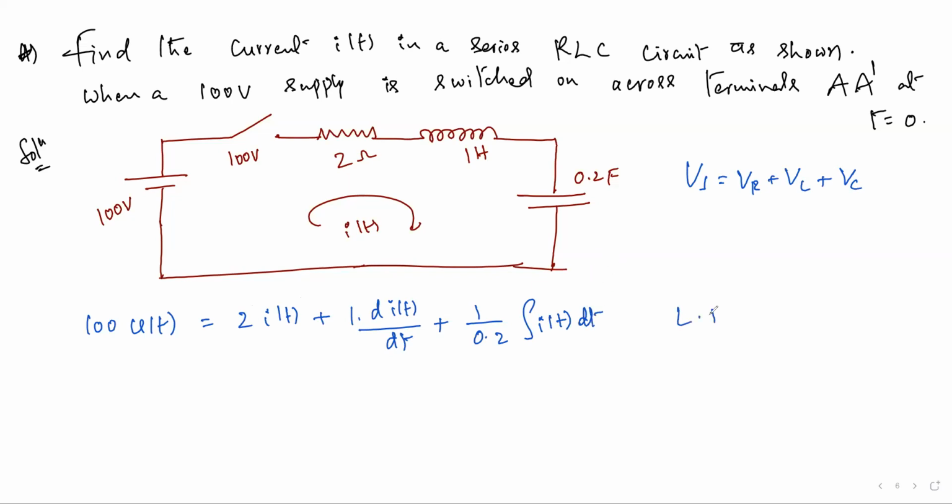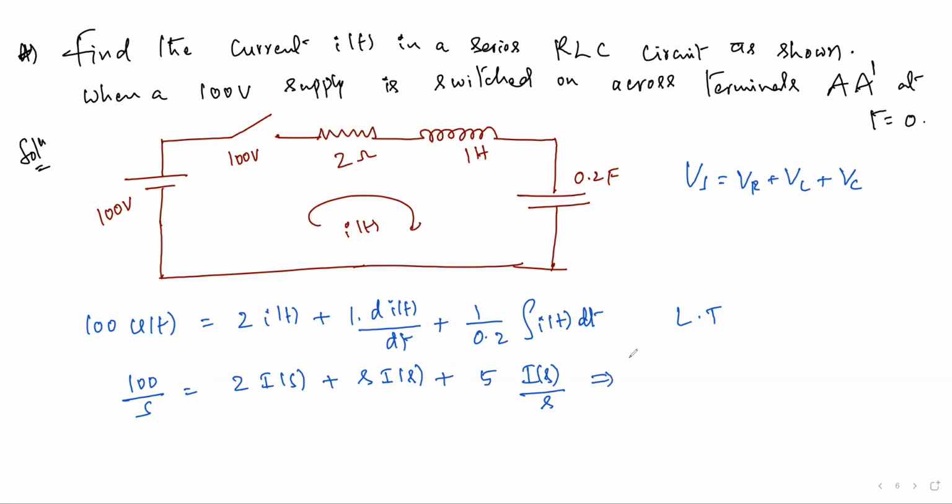So apply Laplace transform on both sides. Then 100 by s is equal to 2 I of s plus derivative is s into I of s. Integration is 1 by 0.2, means it is 5, I can write 5 I of s by s.